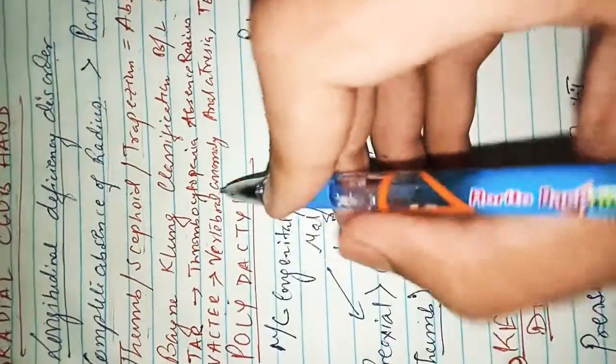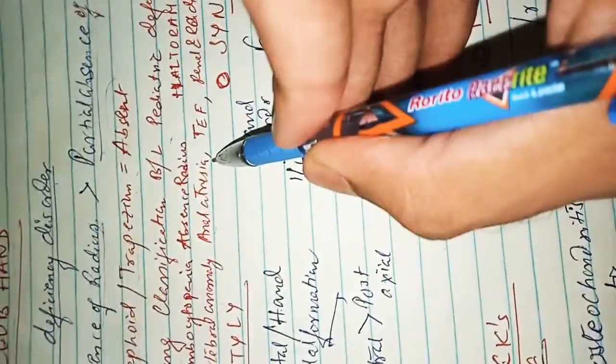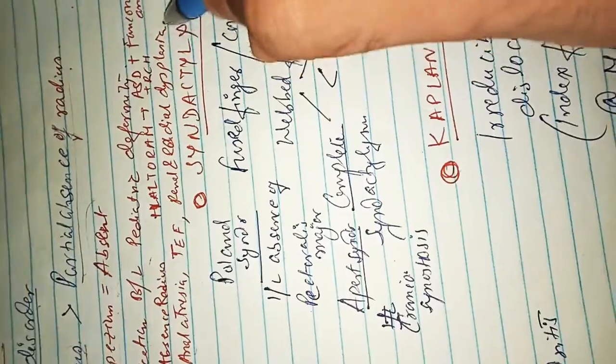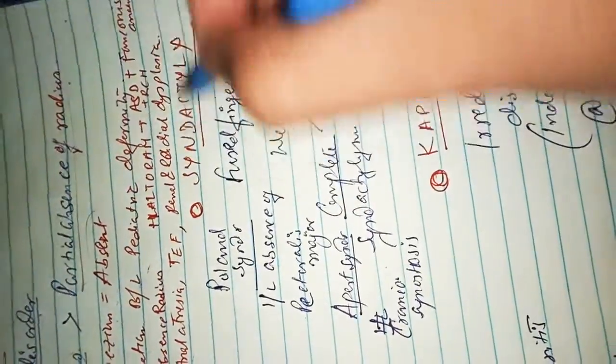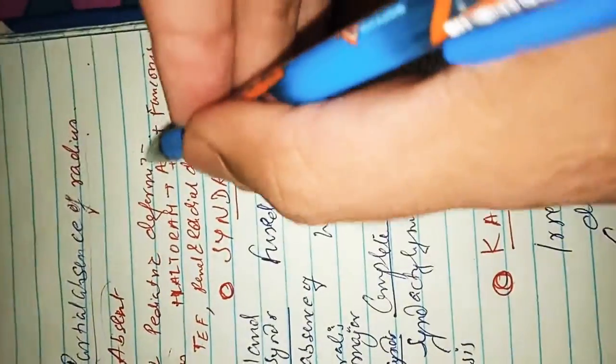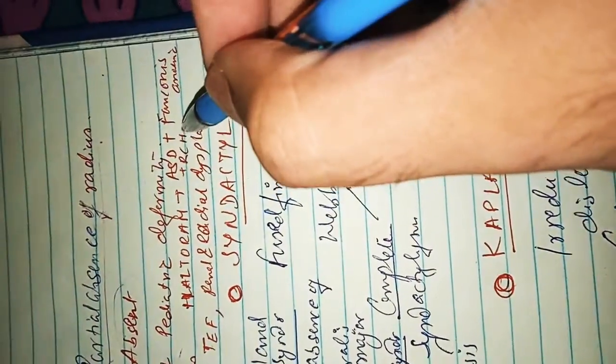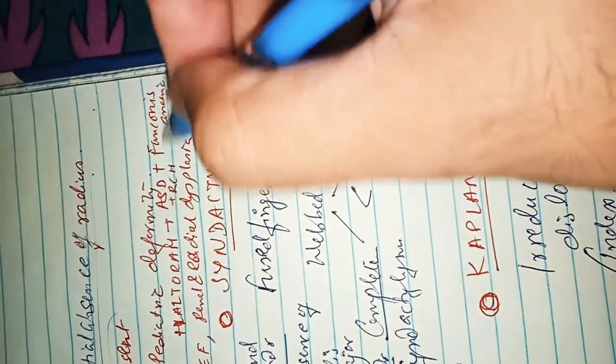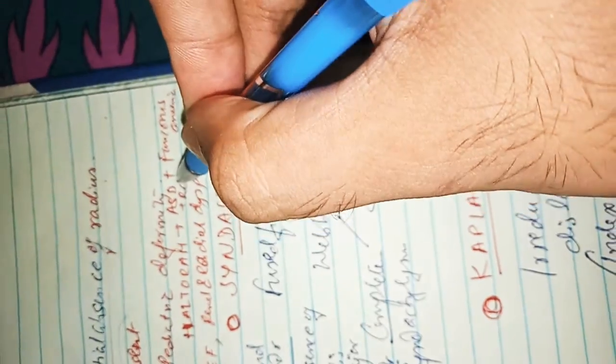So Vector syndrome: vertebral anomaly, anal atresia, tracheoesophageal fistula with renal and radial dysplasia. So there is a radial bone dysplasia. Okay. Or Holt-Oram syndrome. Holt-Oram syndrome is atrial septal defect, radial club hand, and Fanconi's anemia. Fanconi's anemia, atrial septal defect of the heart, and the radial club hand.